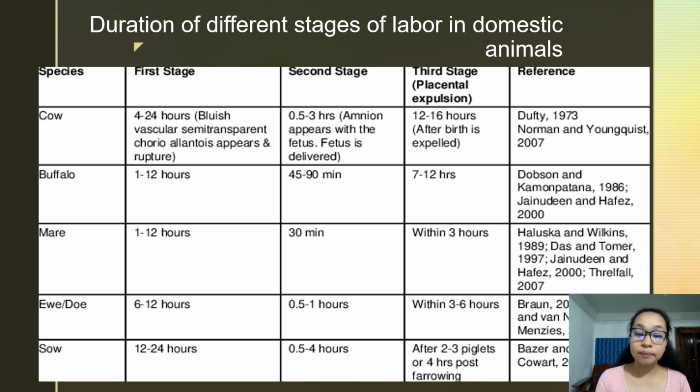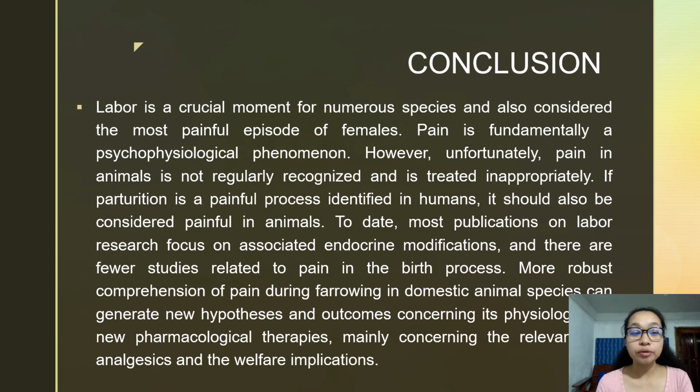In conclusion, labor is a crucial moment in numerous species and is also considered the most painful episode of females. Pain is fundamentally a psychophysiological phenomenon. However, unfortunately, pain in animals is not regularly recognized and is treated inappropriately. If parturition is a painful process identified in humans, it should also be considered painful in animals.